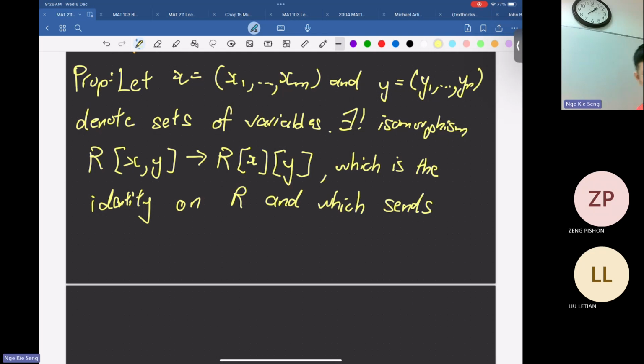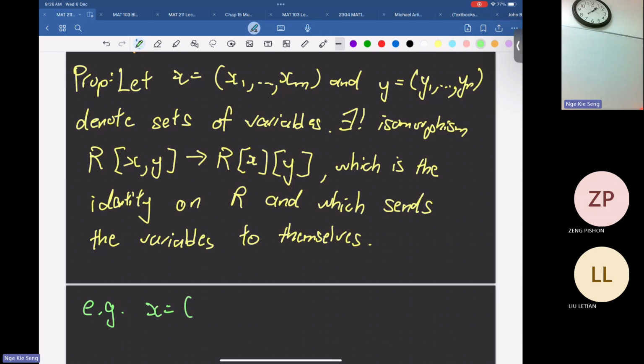Which sends the variables to themselves. Okay, quickly turn this into something that you can see. For example, consider x equals x1, x2, and perhaps y equals y1, like this.